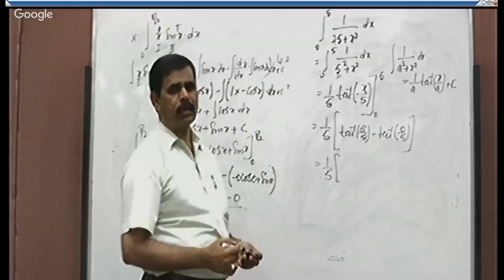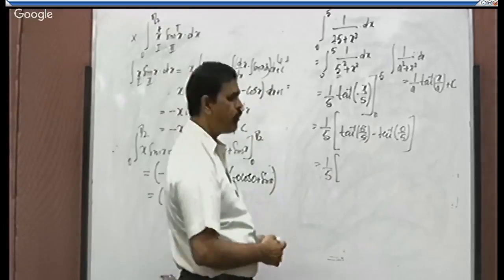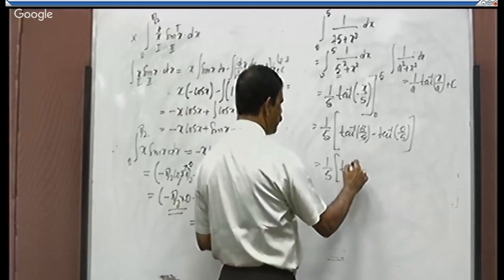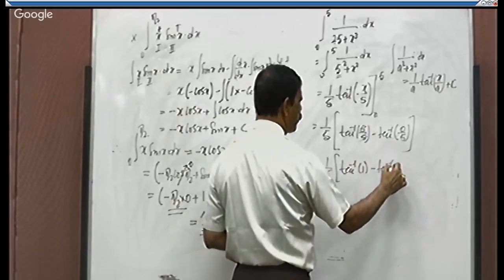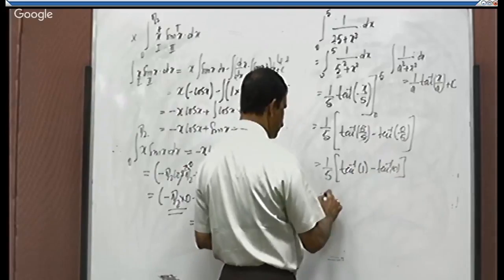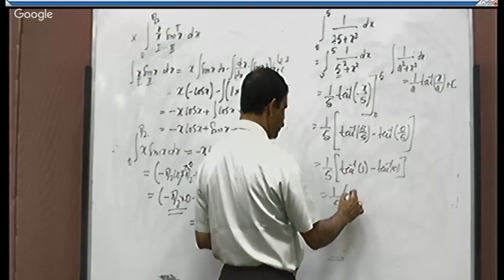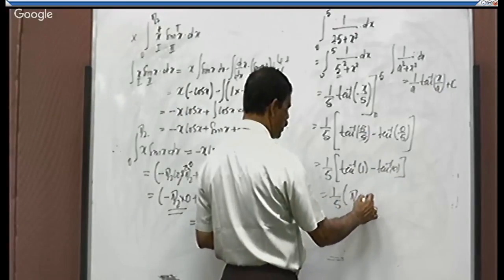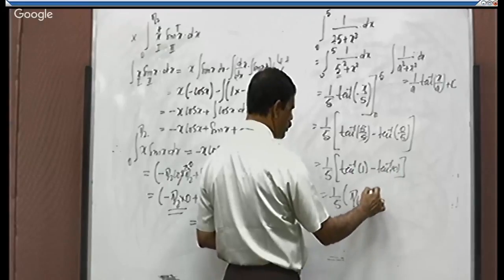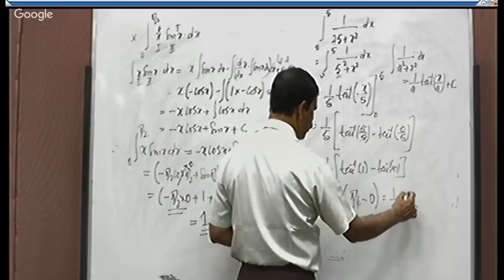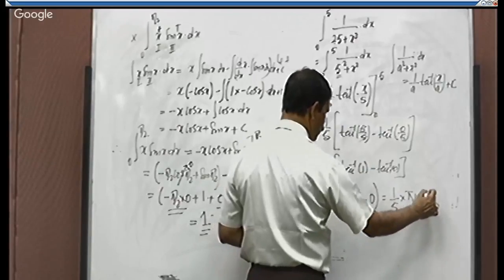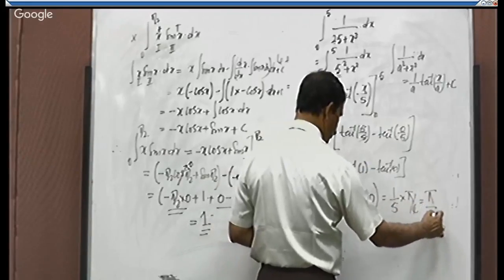What is remaining? It is tan inverse of 1. Tan inverse of 1 minus tan inverse of 0. So as we know, tan inverse of 1 is what? Pi by 4, minus tan inverse of 0 is what? 0. So the answer is 1 by 5 into pi by 4, which is equal to pi divided by 20.